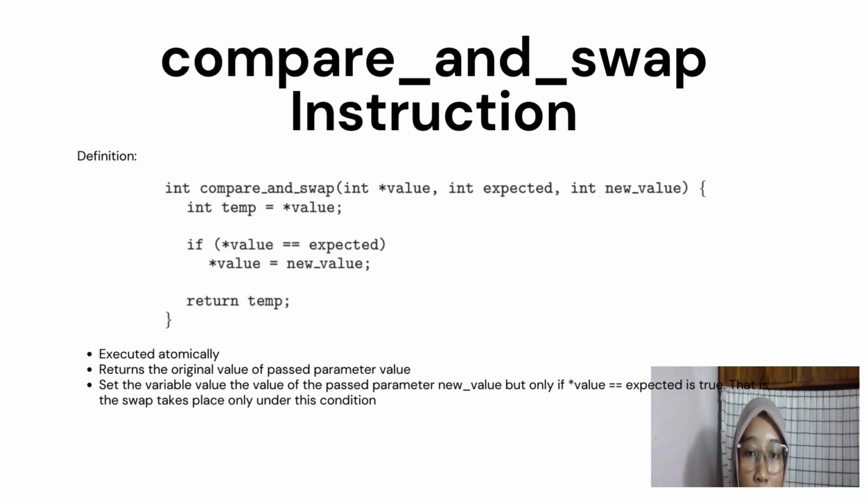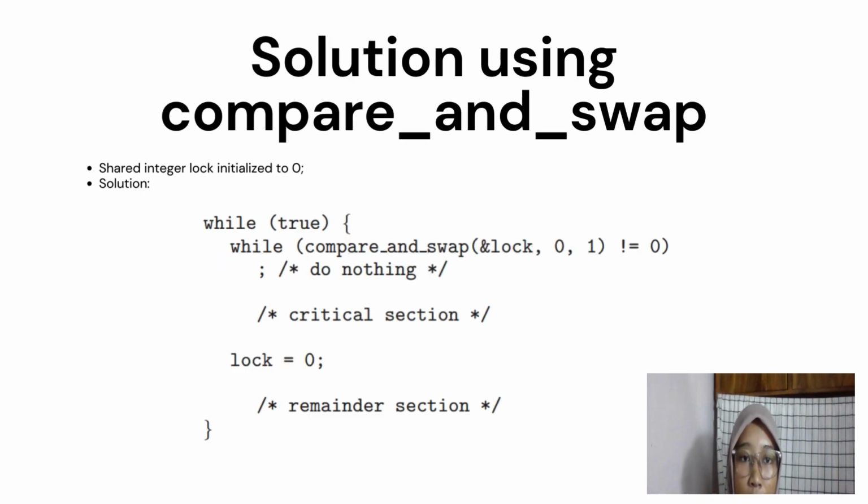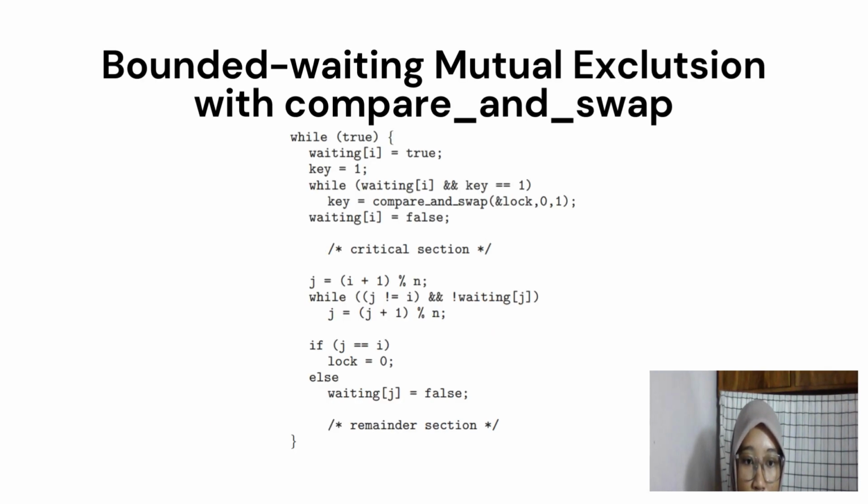That is, the swap takes place only under this condition. And this is the solution using compare and swap, with shared integer lock initialized to 0. And here is the source code for bounded-waiting mutual exclusion with compare and swap.